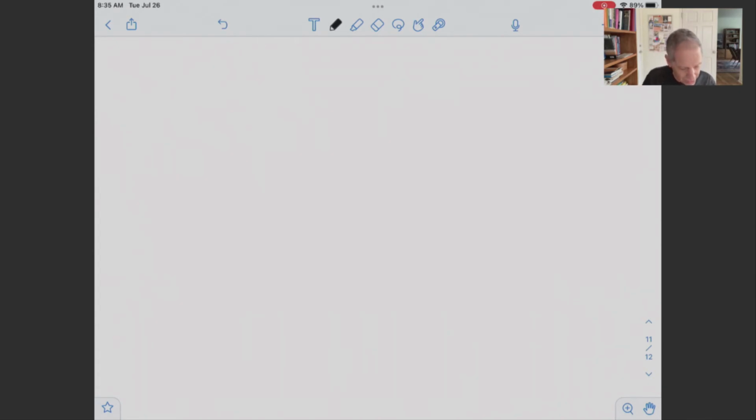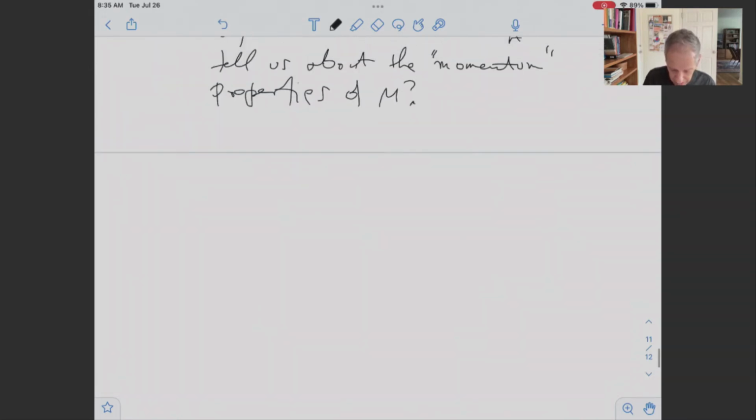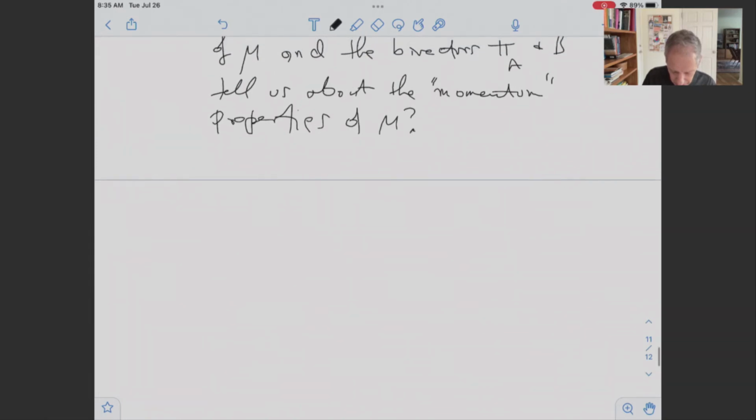So the first thing is that if we have a connection D on A, we also have a dual connection on A star, which I've already talked about.